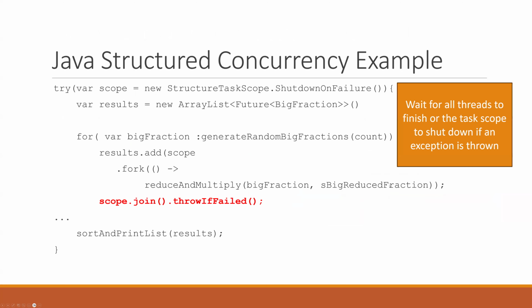Let's say I put a breakpoint right here in reduce and multiply, and I put a breakpoint right there because I want to debug this. When I come through, I'll be able to see in my local variables what thread I'm in. I'll be able to see big fraction and big reduced fraction. I'll be able to see all those things. If you put a stop in here and you have 10 million, it will break on each thread as it gets into there.